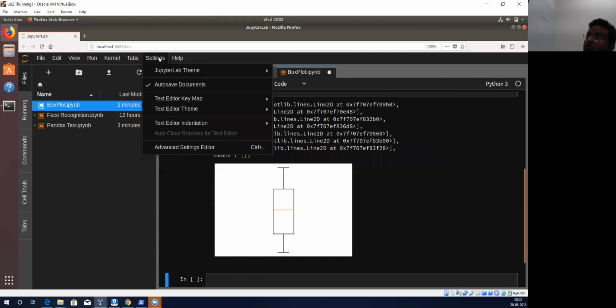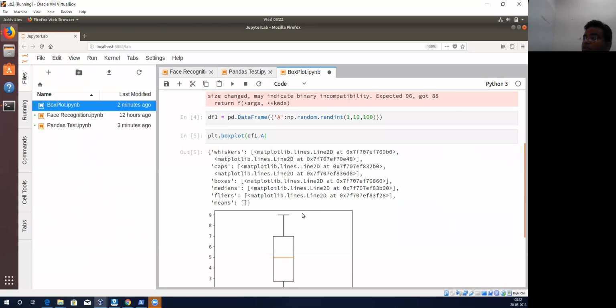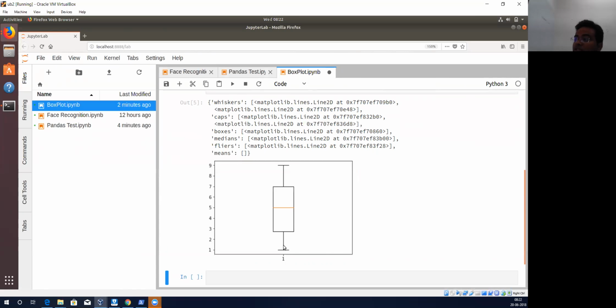You can see this is that particular column and this is the range of distribution, between 1 to 9. This is the lowest value, this is the highest value, this is the 75% value, this is the 25%, this is the mean of the value.